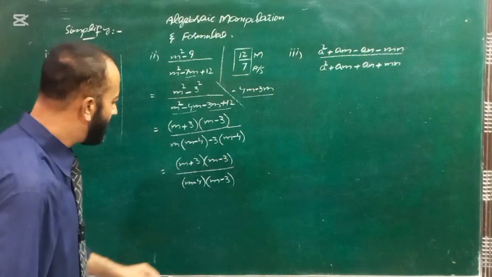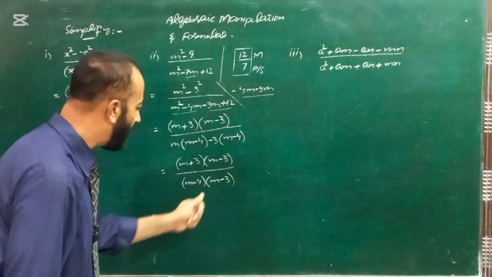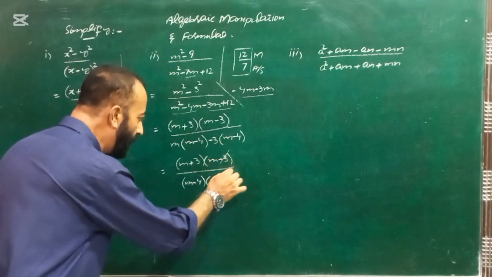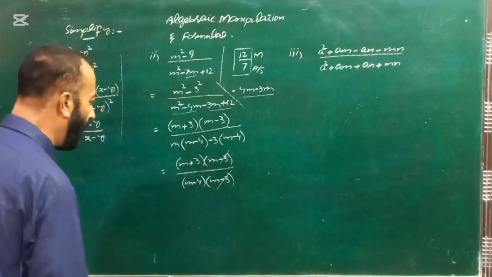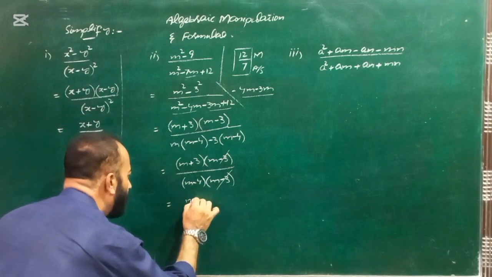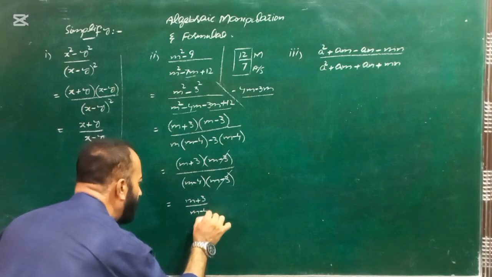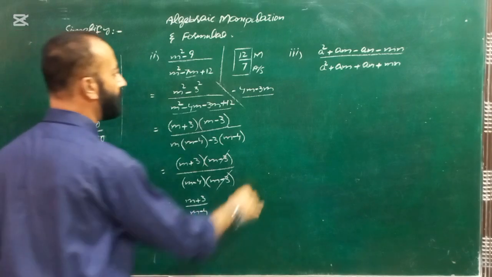So from here you can see this factor m minus 3 is given in numerator and denominator as well. So this factor will be cancelled. The remainder will be m plus 3 over m minus 4. So this is the answer.